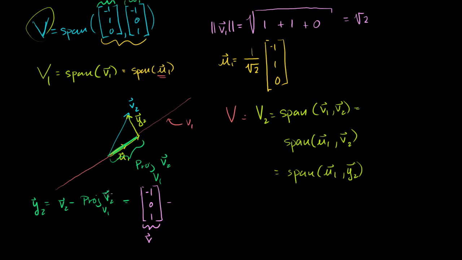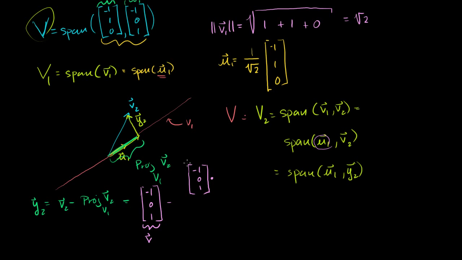Well, the projection of the vector v2 onto the subspace V1 is just v2, minus 1, 0, 1, dotted with the orthonormal basis for V1. The orthonormal basis for V1 is just u1, and we solved for u1 up here. So that's going to be that dotted with 1 over the square root of 2 times, let me do that in yellow actually, just so you can see that this is u1.